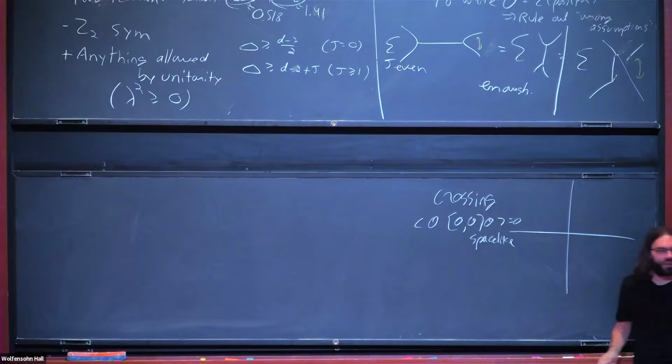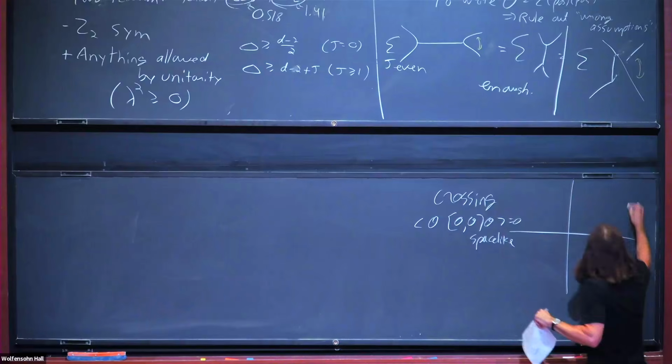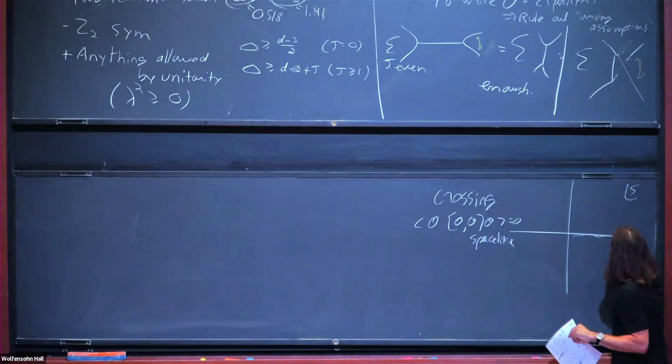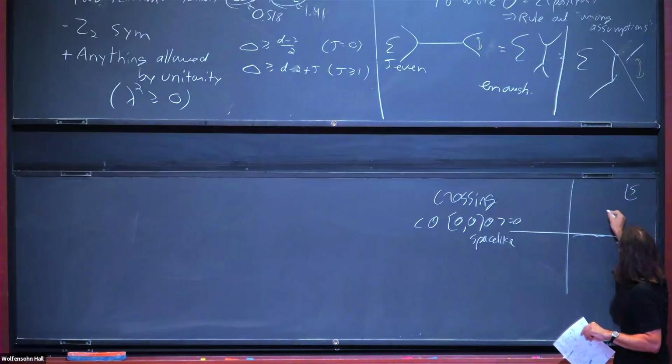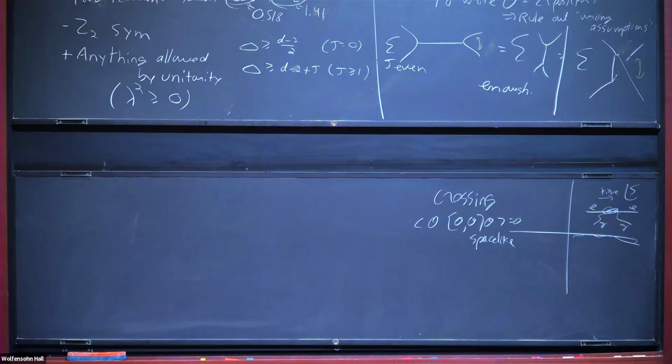When you learn quantum field theory in textbooks, crossing has a seemingly different meaning: you take an amplitude for some scattering process in some channel, say electron-photon Compton scattering.